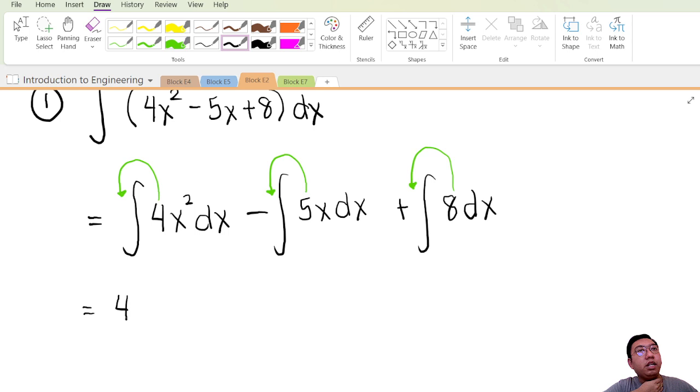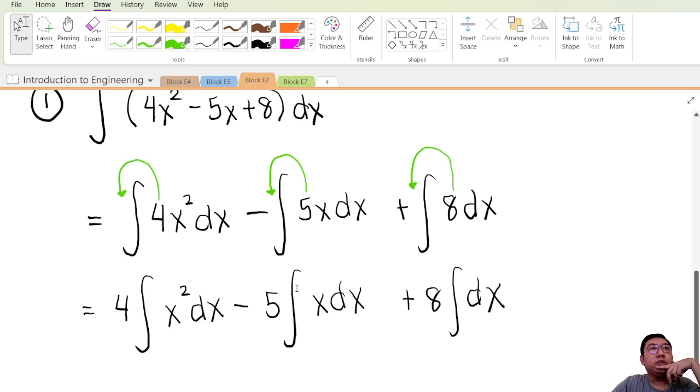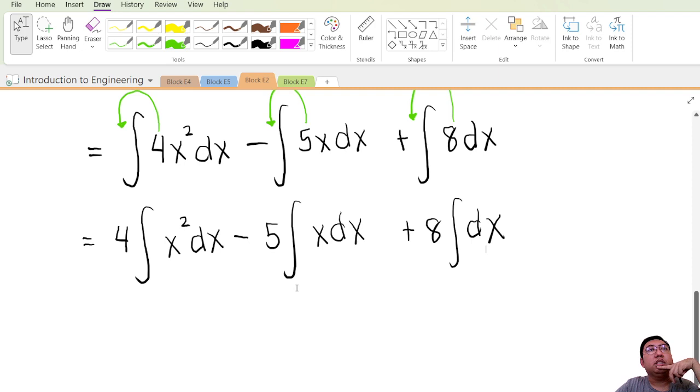So this can be written as 4 integral of x squared dx minus 5 integral of x dx plus 8 integral of dx. Okay, so I did it for the three terms.